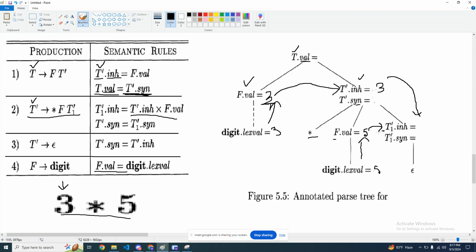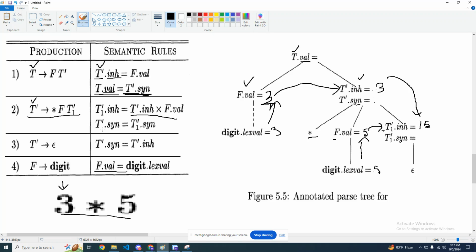So it is taking 3 from t prime inherit, and 5 from f dot value. So it is getting 15. It is taking this 3 from its parent, and this 5 from its sibling. So it is getting 15.